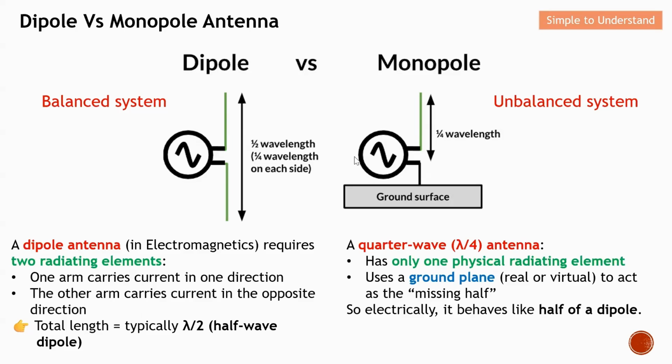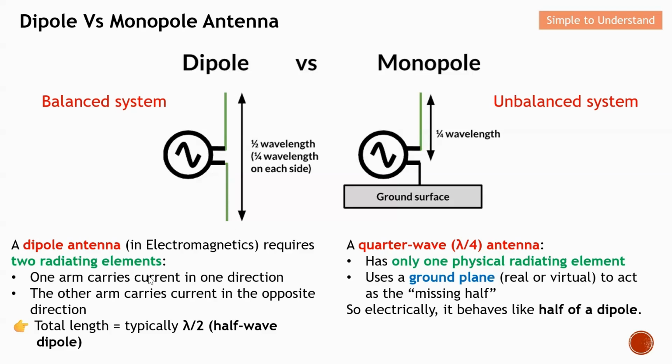Next, let me focus on the dipole antenna first. A dipole antenna requires two radiation elements, which I have highlighted on my previous slide. This is one, this is the two radiation element. One arm carries current in one direction. Let's say it moves up, so this portion also moves up.